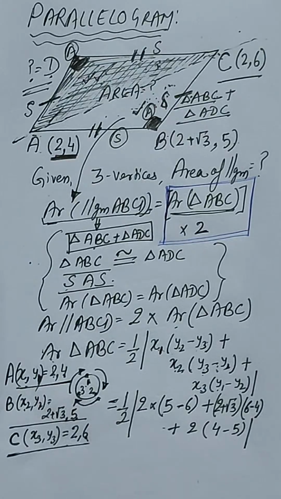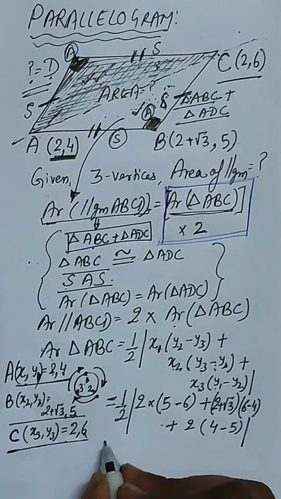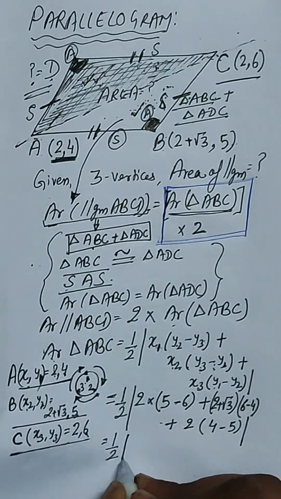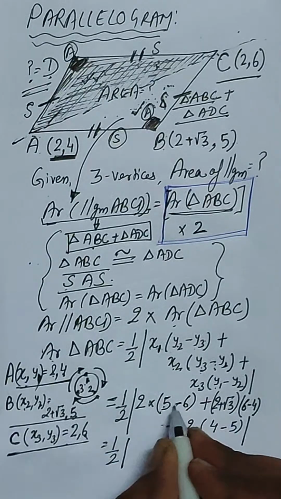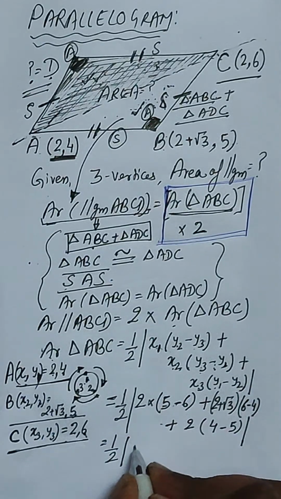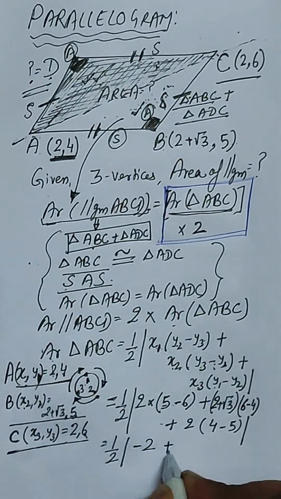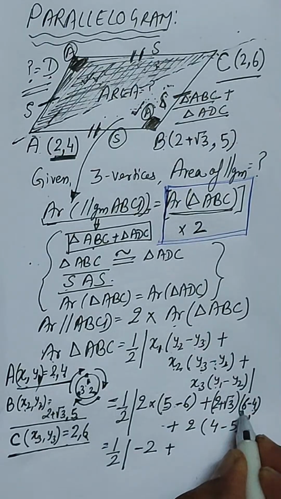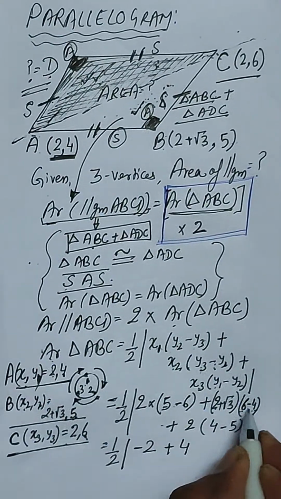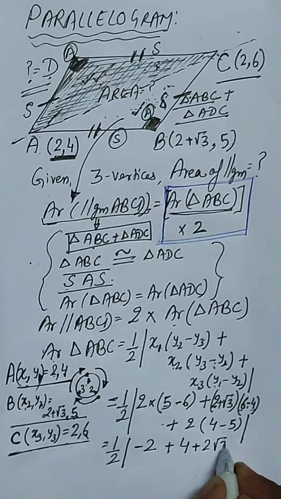So from here you can see, half into the mod sign: 5 minus 6 is minus 1. Minus 1 into 2 is minus 2, plus 6 minus 4 is 2. 2 multiplied with 2 becomes 4. 2 multiplied with root 3 becomes 2 root 3.